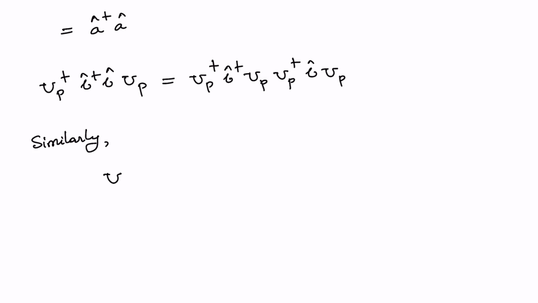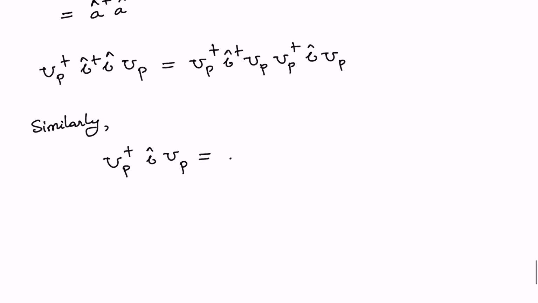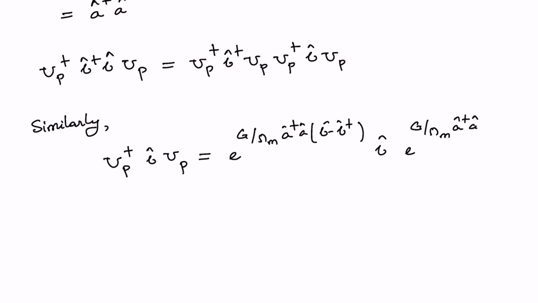You can show that U_P† b U_P is very trivial, so let me write it explicitly: e^((Z/Ω_m) a†a (b − b†)) b e^((Z/Ω_m) a†a (b† − b)).